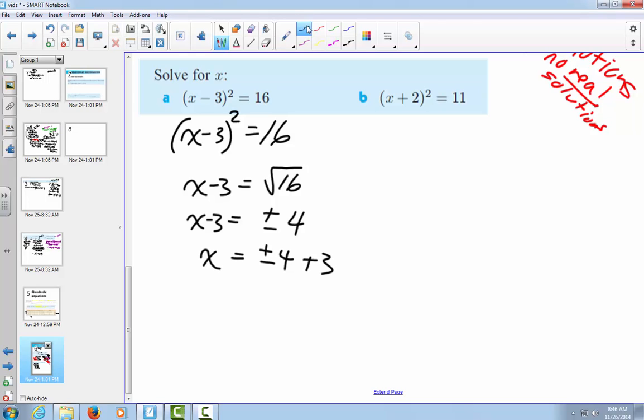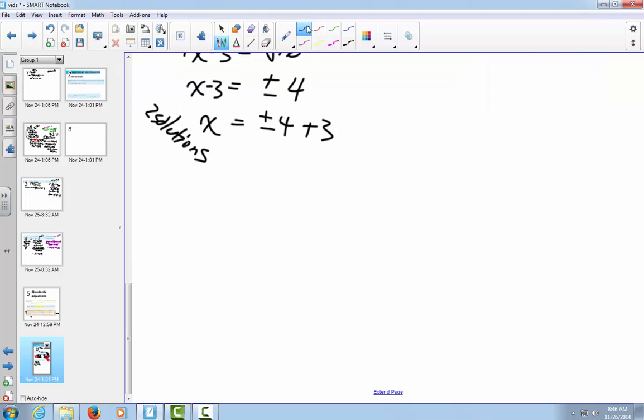So how do we figure this out? This means we're going to have 2 solutions. This is where it gets a little dicey for some people. What we need to do now is go 2 ways. What happens if x equals positive 4 plus 3? Well, then x equals 7.